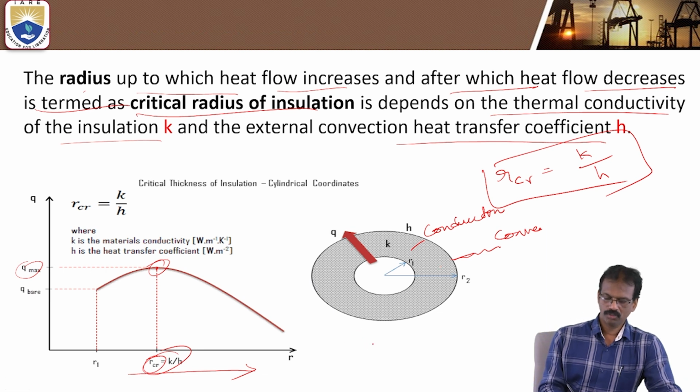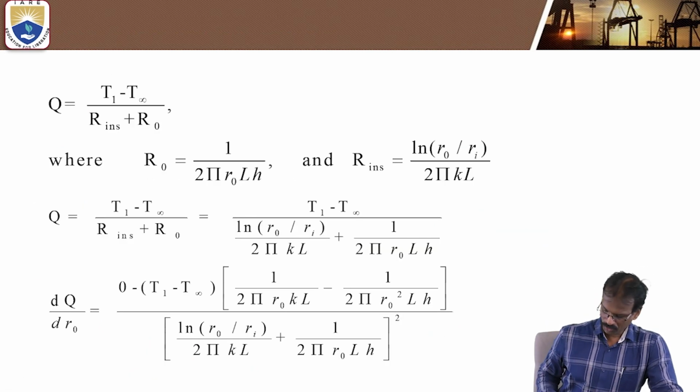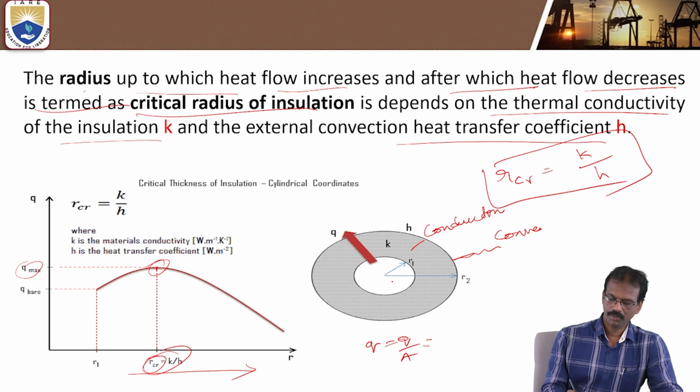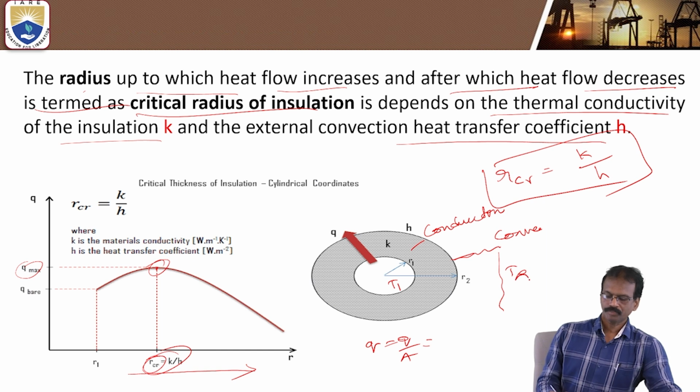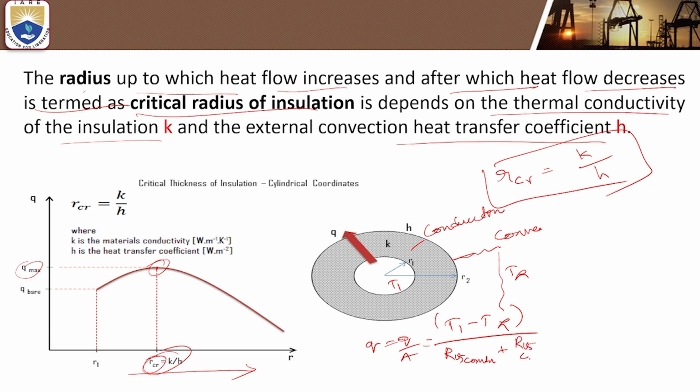Heat transfer rate Q, or Q by A, is equal to the initial temperature T1, minus the ambient temperature T infinity, by the thermal resistance with respect to conduction plus the thermal resistance with respect to convection.